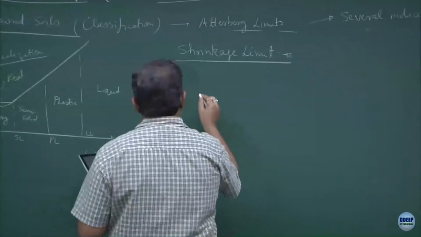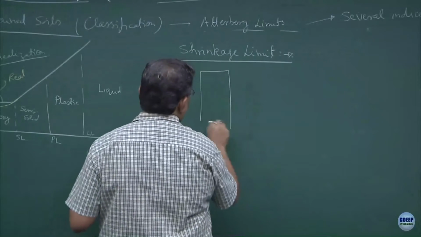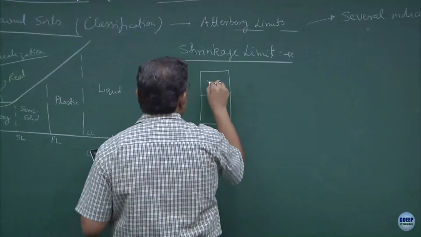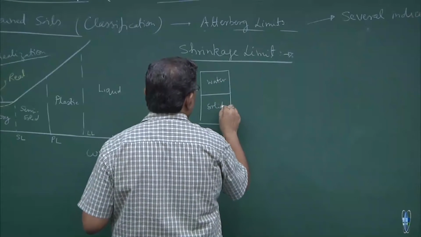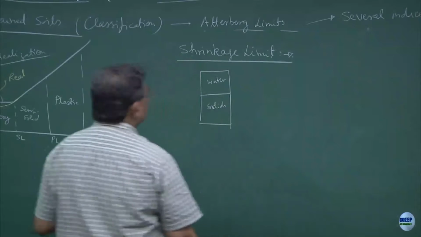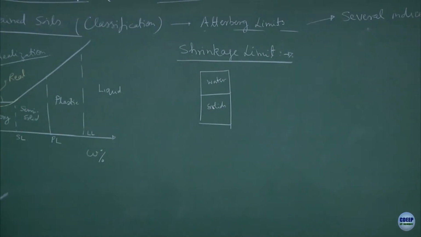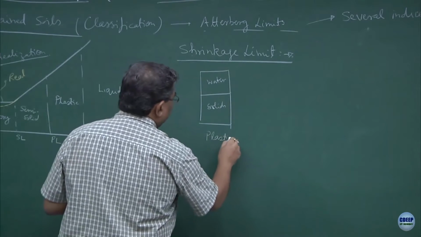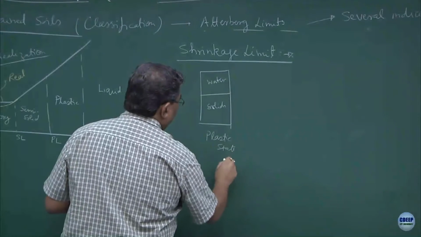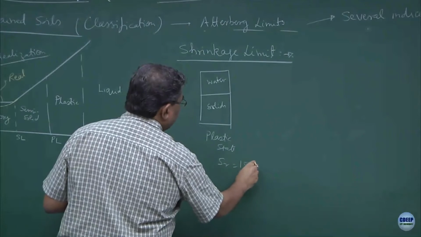So, the model we normally use is a two-phase system, we have water and we have solids in the soil. Remember, the soil is saturated. So, this is the plastic state of the material where saturation is 100%.